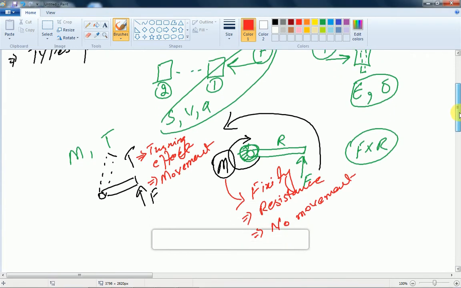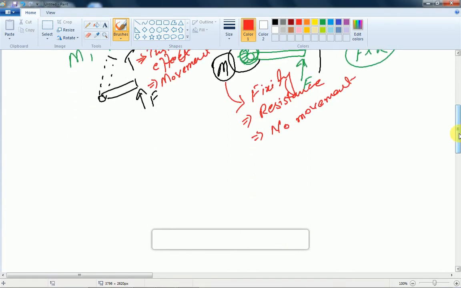There are many kinds of supports, but so far we are going to discuss only three kinds of supports, and we will study if we apply force on these supports, how they will react, or in what direction they will show the reaction forces.